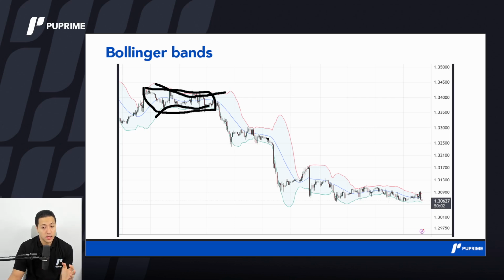And when we have a strong, fast, and powerful move, you will notice that the bands get very wide from each other. So the distance between the bands here is much higher than the distance between the bands here, because they expand and contract based on how fast prices are moving and how volatile the market is. So it's a volatility indicator.